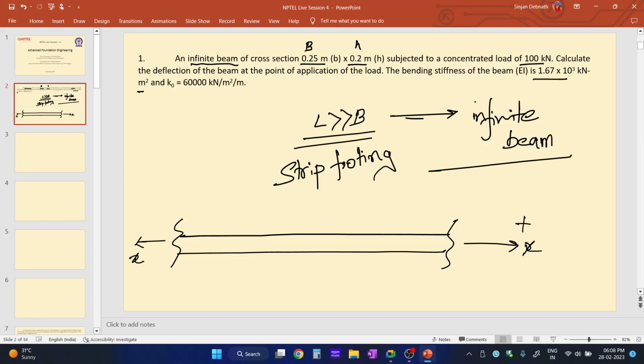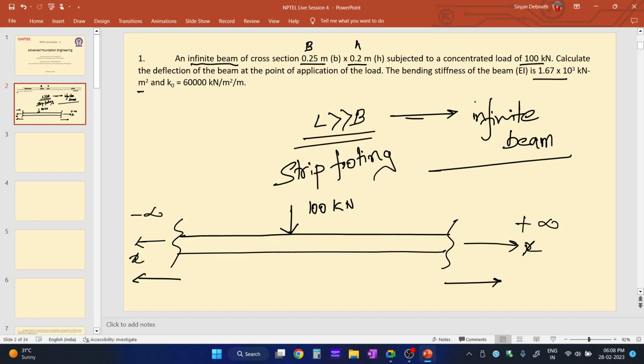This one is towards plus infinity, and this one is towards minus infinity. It is subjected to a concentrated load of 100 kilonewton. The length of the beam tends towards infinity in this direction and this direction also, so we can assume that 100 kilonewton is acting at the middle.